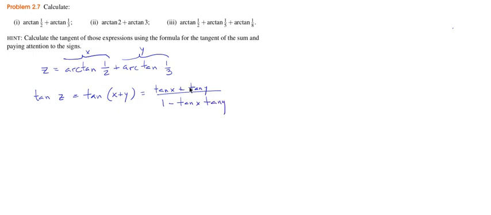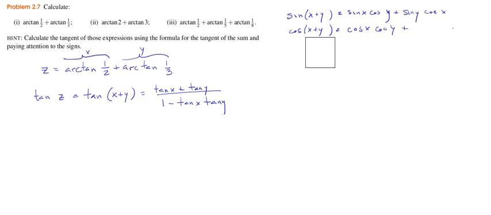Okay, so this is not a terribly important expression for you to remember, but if you know the expressions for the sum of the sine, so the sine of the sum is sine of x cosine of y plus sine of y cosine of x, and then the cosine of x plus y is cosine of x cosine of y minus sine of x sine of y.